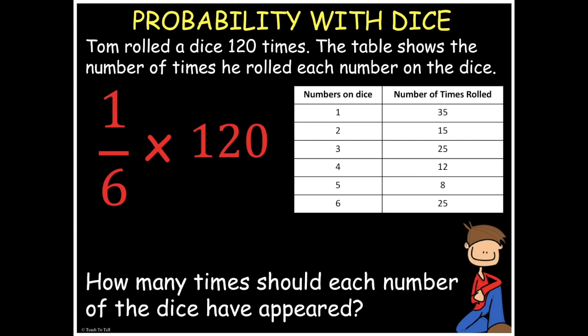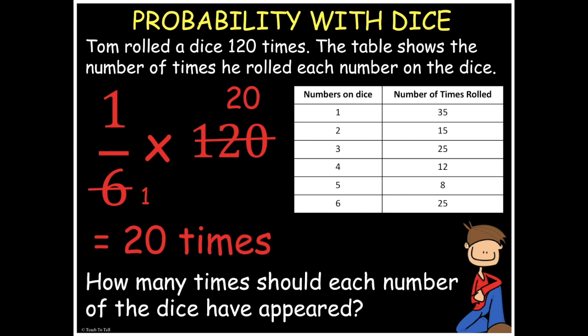So I can find out that 6 times 20 is 120, and so I multiplied the top by the same. 1 times 20 is 20 times. So this is a prediction of how many times each number should have shown up out of 120. But of course, when you actually do a trial and experiment, that is not the case.